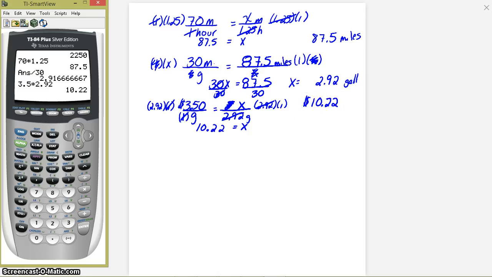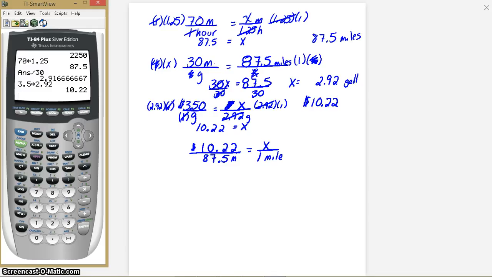On her drive, but that is not what the question is asking. What it's asking is how much does she spend per mile? So we need to reduce this. If it's $10.22 for 87.5 miles, how much money is it for every just 1 mile, right? That's the last thing you have to do.